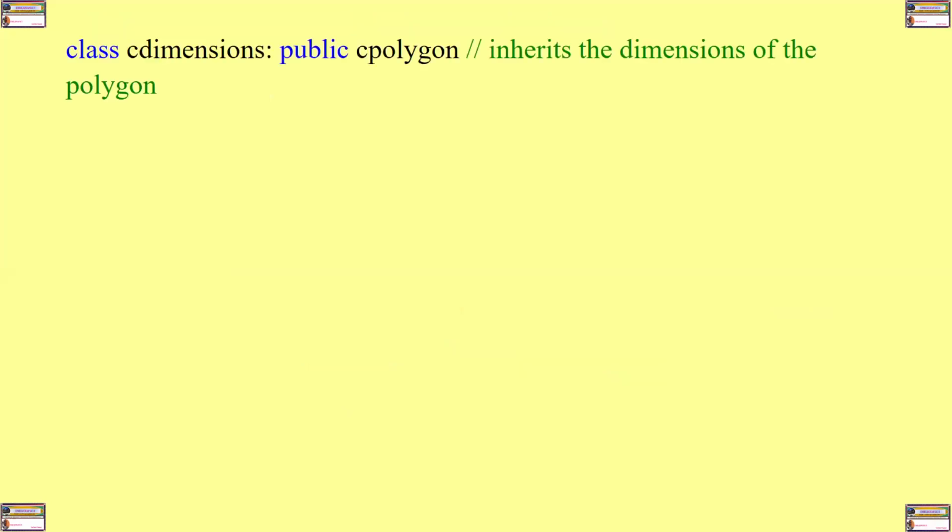Our next class is a derived class. So class CDimensions, it's inheriting its properties from the class called CPolygon. So it inherits the dimensions of the polygon. And its definition is as follows. It has a member method called output.